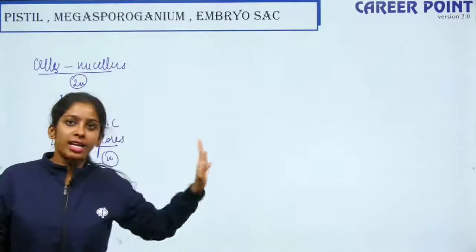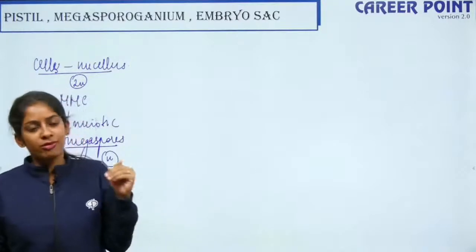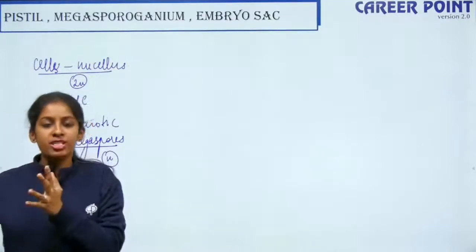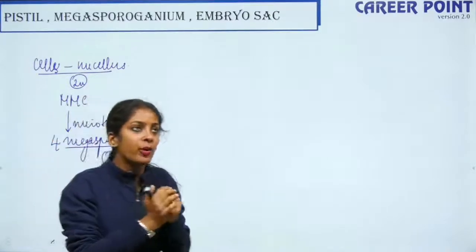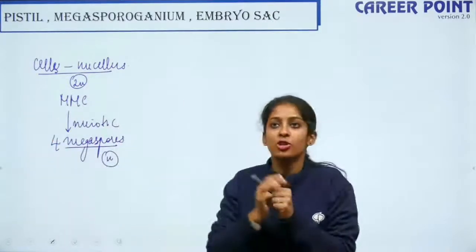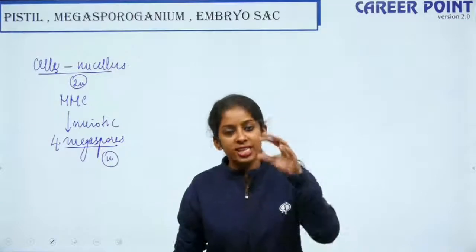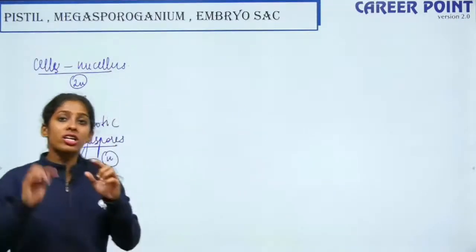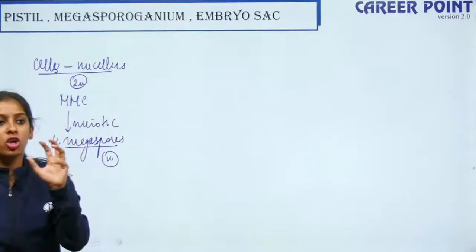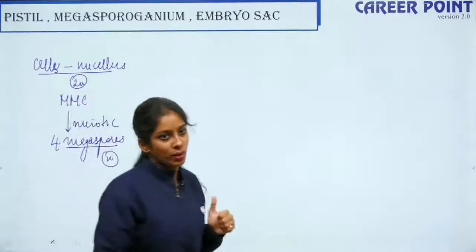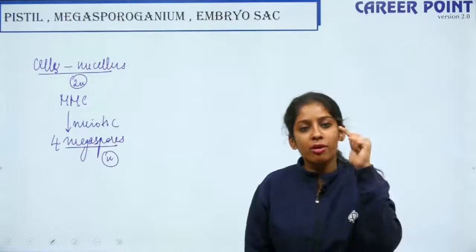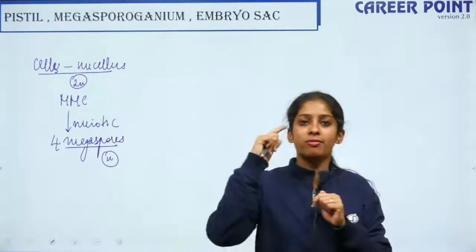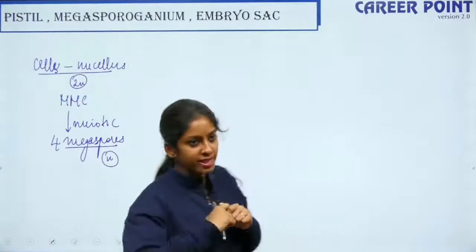You cannot call it entirely juvenile, because in the juvenile phase you do not have flowering, but you cannot call it entirely mature because the flowers are not matured enough to undergo pollination. So it is in between both. That is why I said it is a mature phase, but based on the options given, we'll have to justify your question. Can you give me the options so that I can give you the justification?